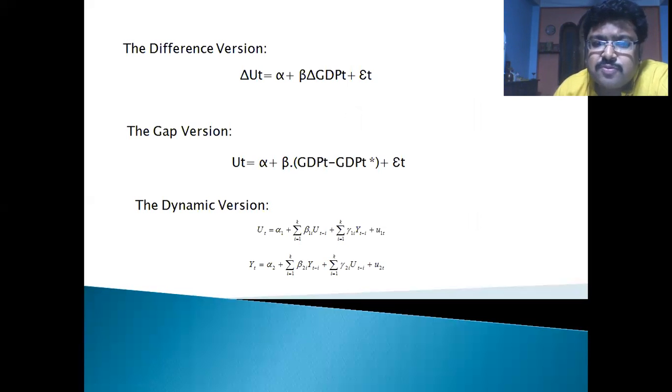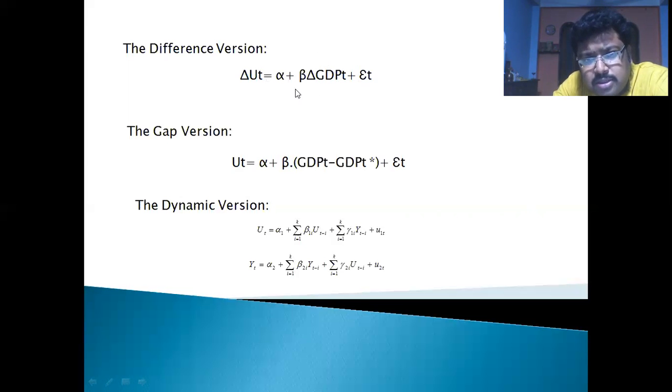What is the difference version? You can find this equation. What does it mean? This is the unemployment rate, the change in unemployment. And this is the change in GDP growth rate. And this is the coefficient, you can say the Okun's coefficient. And this is the error part. And this alpha is the constant.